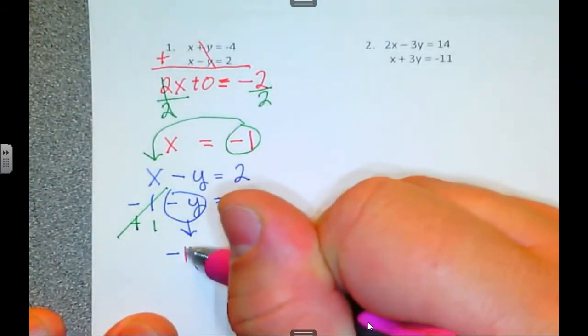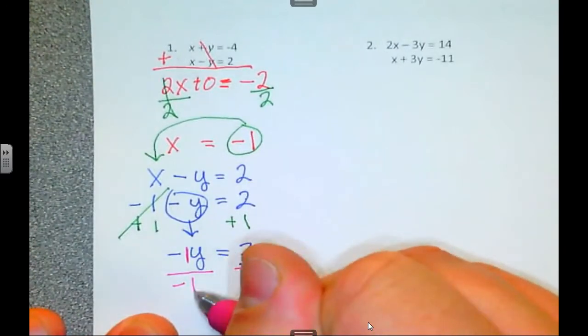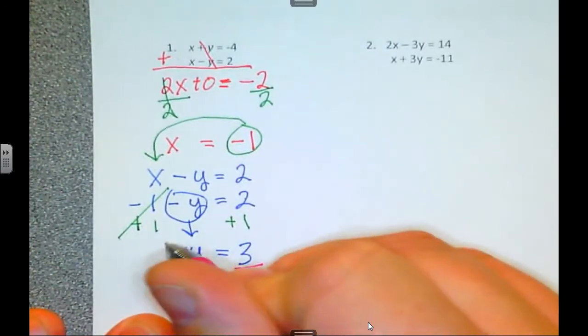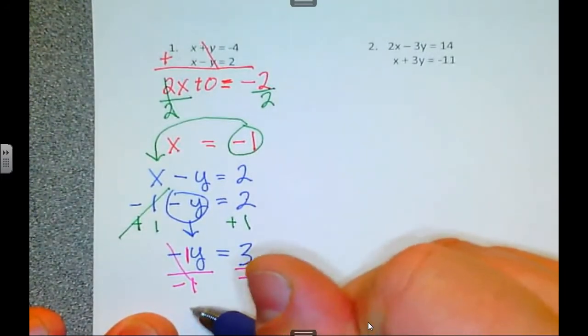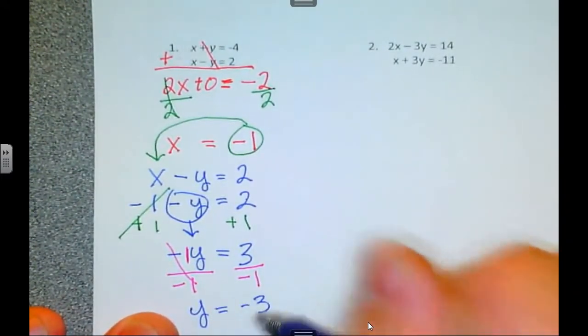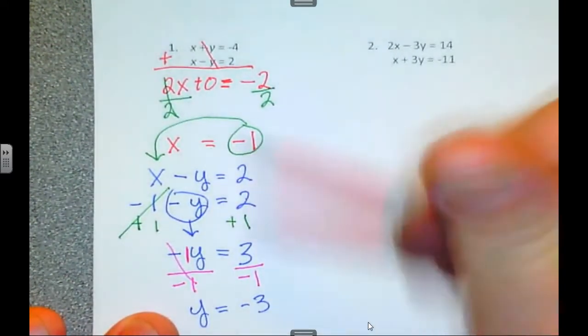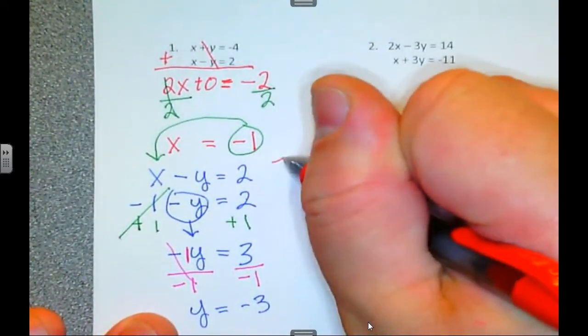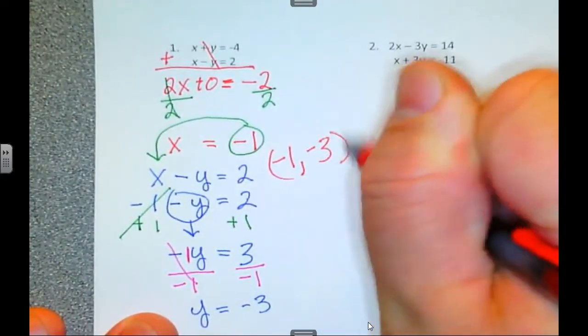There's actually a 1 there, right? So I'm going to divide both sides by that negative 1. So y is going to equal negative 3. So in this particular problem, I have the point -1, -3 as my solution.